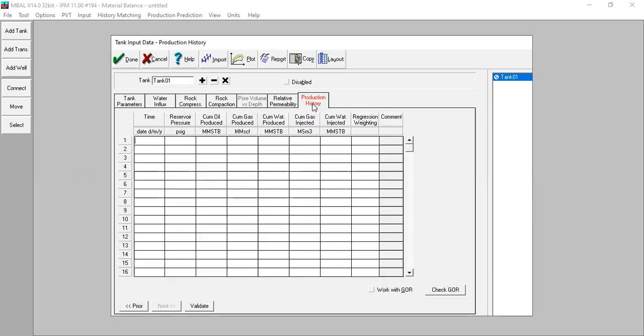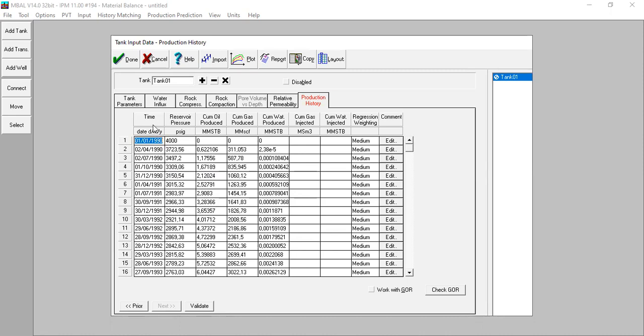And then I have production history, and I will copy my production history data from my spreadsheet and paste the data here. Okay, data copied, right click, paste table. So I have the time, the reservoir pressure, cumulative oil, cumulative gas, and cumulative water produced.